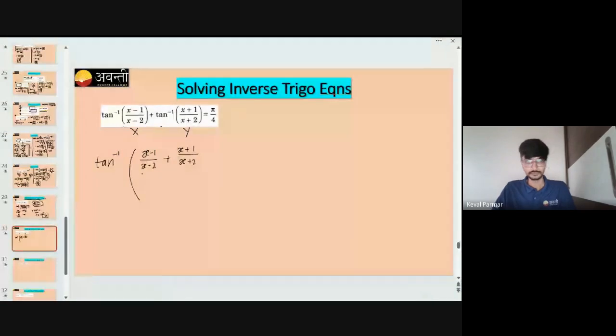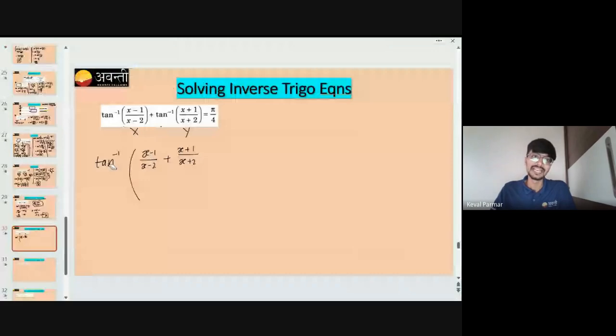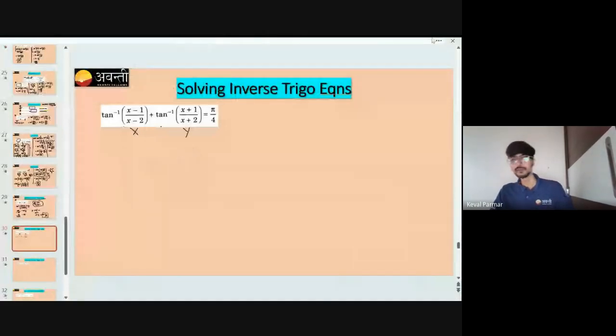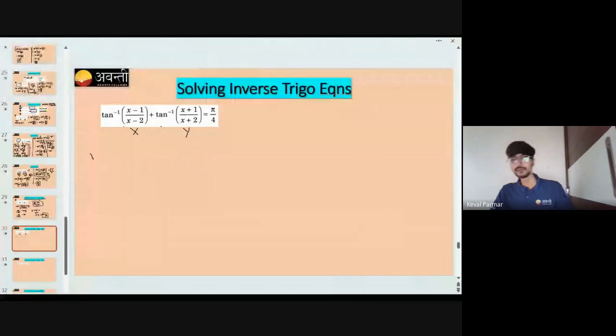So before this, okay, let me make the calculation more simple. As you know, the formula is x plus y and x into y. So before inputting in the formula, let us just calculate it first hand. So what will be x plus y?